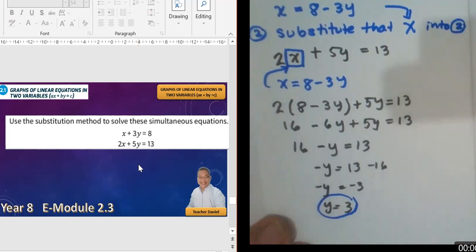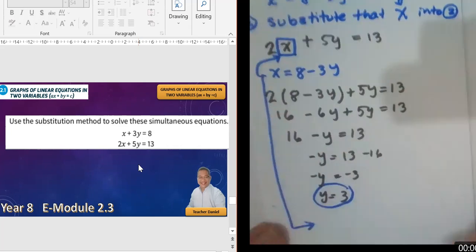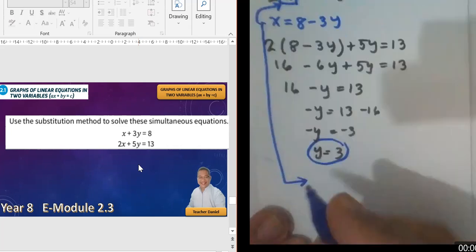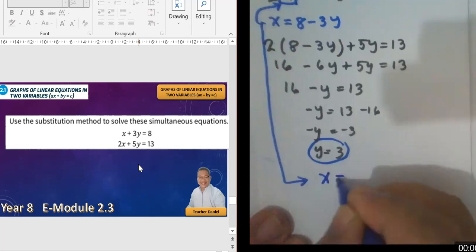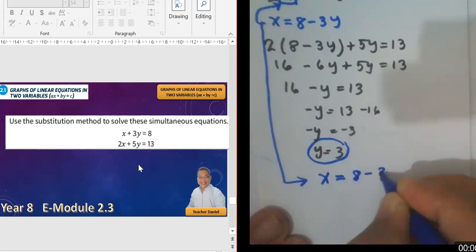Now, how shall we solve for x? We're going to use this. Remember, we have this equation for x. What we have said is x is equal to 8 minus 3y.